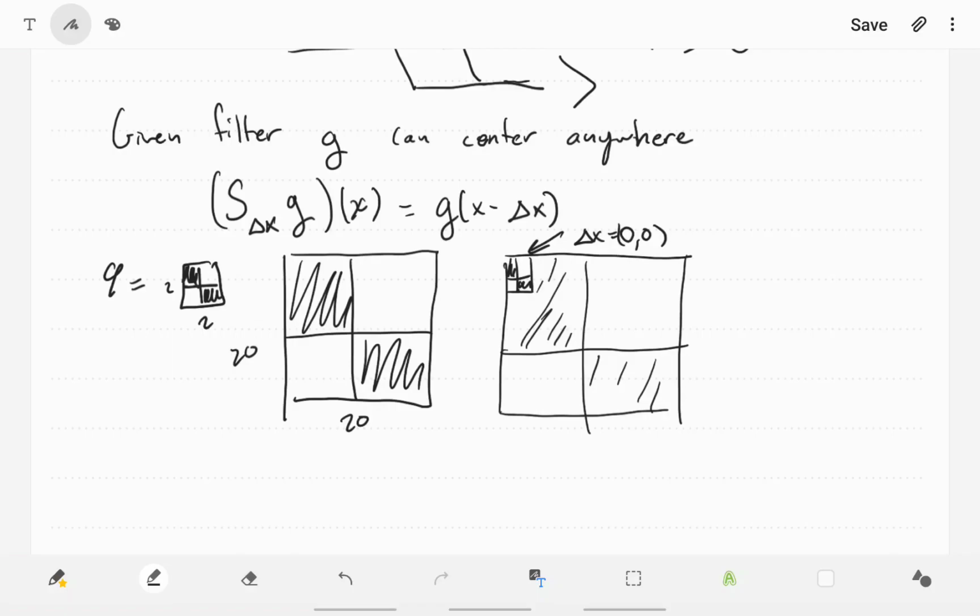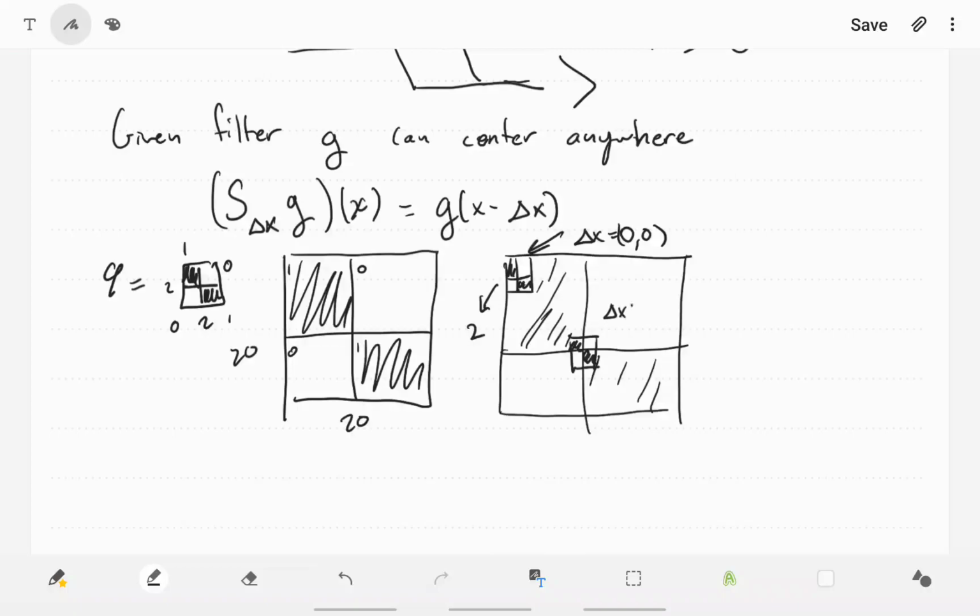Imagine that these values are 1, 1, and these values are 0, 0 for these pixel values, and the values here are 1, 0, 0, 1 in these corners of this image. Then when you applied it here, the inner product would be 1 plus 1, which is 2. But then say you centered it precisely here by applying a different shift operation.